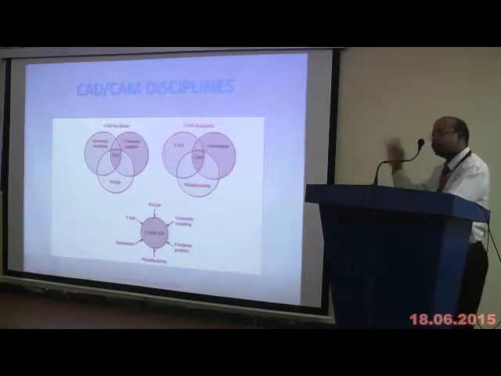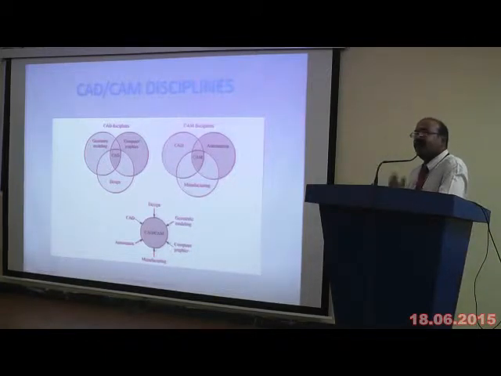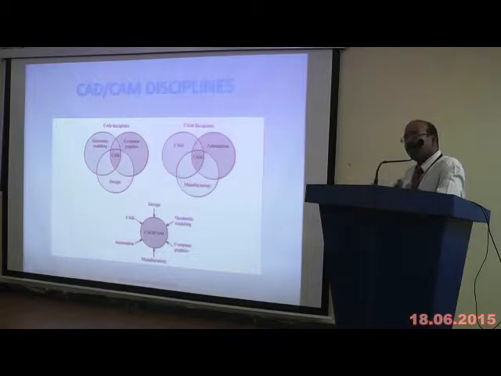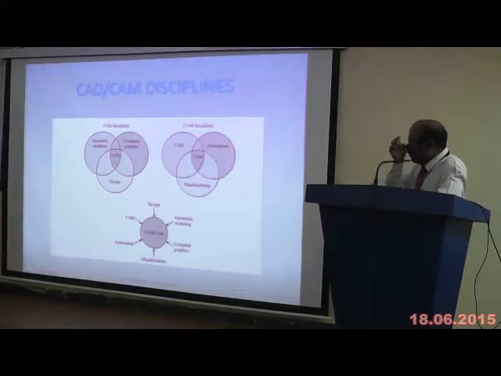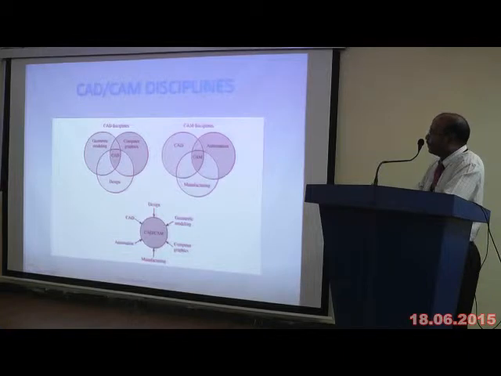If you combine both CAD and CAM, we can bring out a lot of things: the design part, geometrical modeling, computer graphics, manufacturing and automation. By combining both, you can bring a product up to the manufacturing level. This is very important for CAD and CAM.